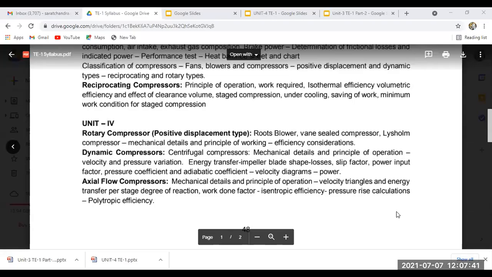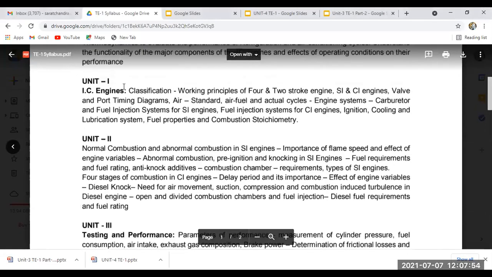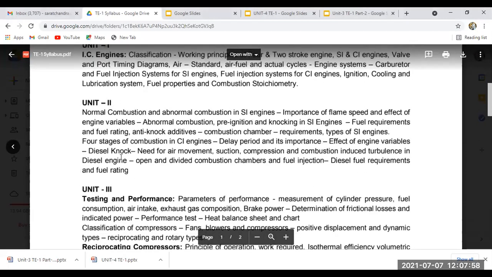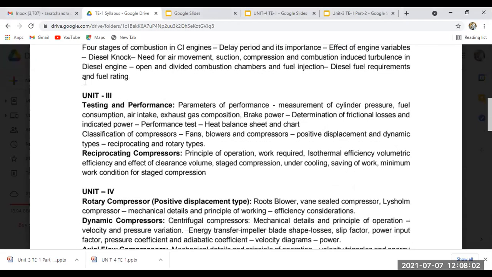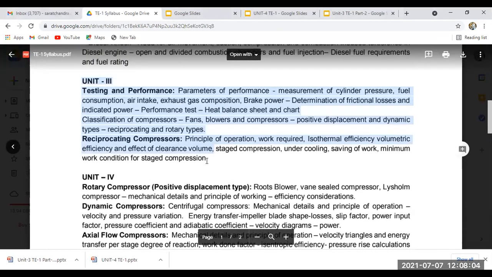Right. So this is the unit 4 we have. Once again I will show you the syllabus. Unit 1, this part we have already completed. Then unit 2 also I have completed, notes also I have written. Unit 3, just now we have completed everything. Entire unit 3 we have completed.